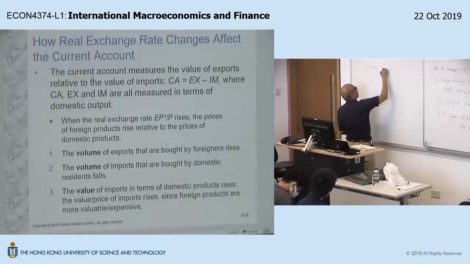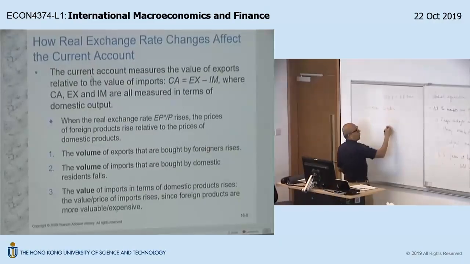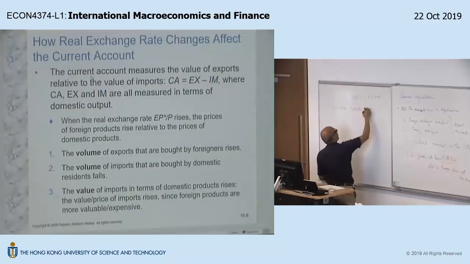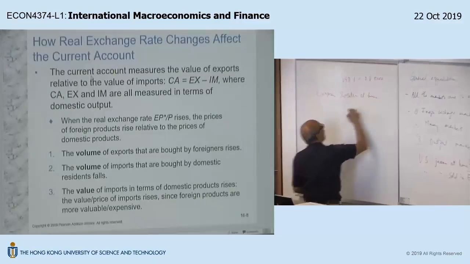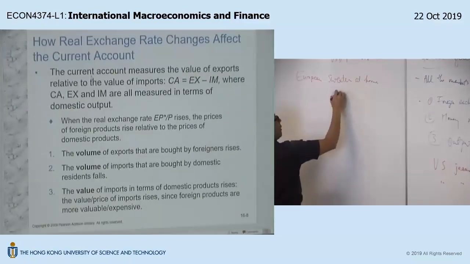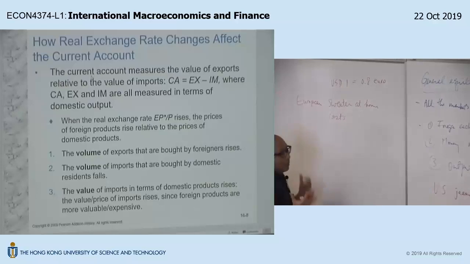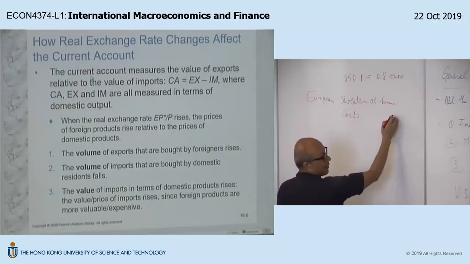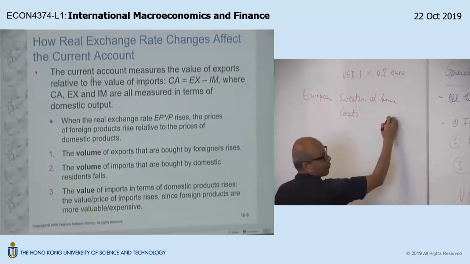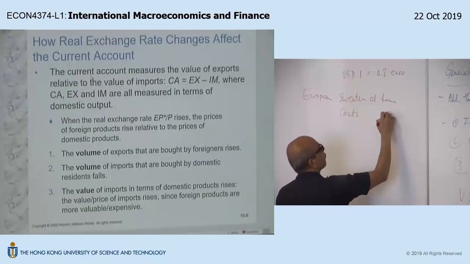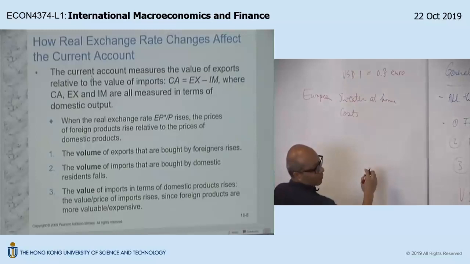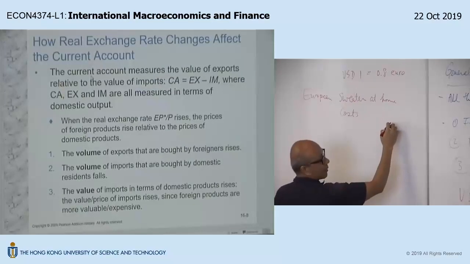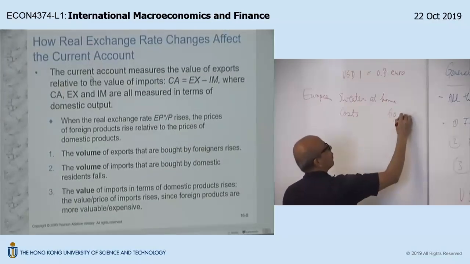So a European sweater, at its home, costs, let's say, 60 euros.